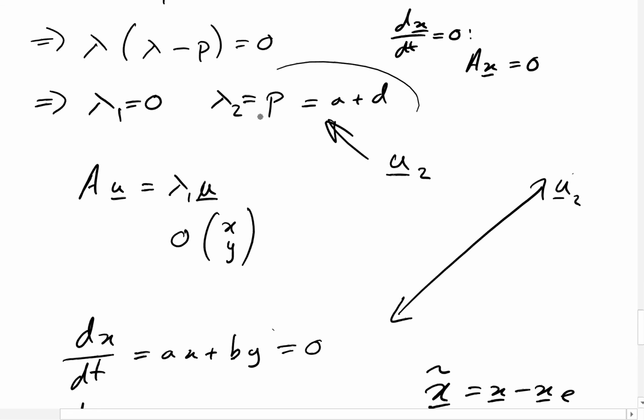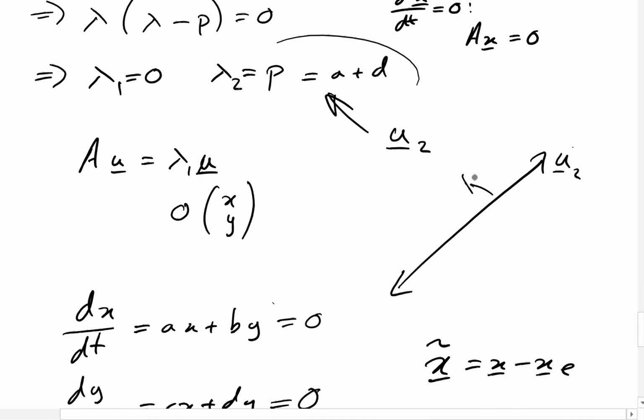If P is positive, lambda 2 is going to be positive, so all eigenvectors are going to be moving away from this eigenvector. If P is negative, they're going to be moving towards it. Let me show you using this example.